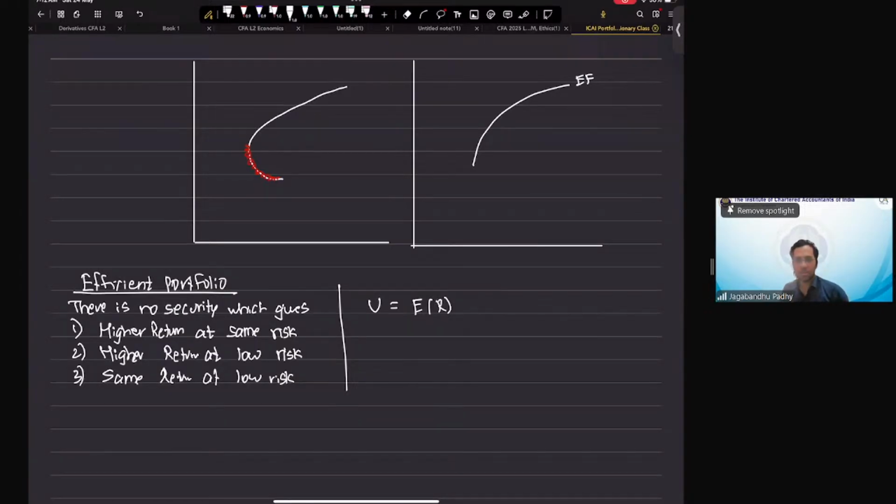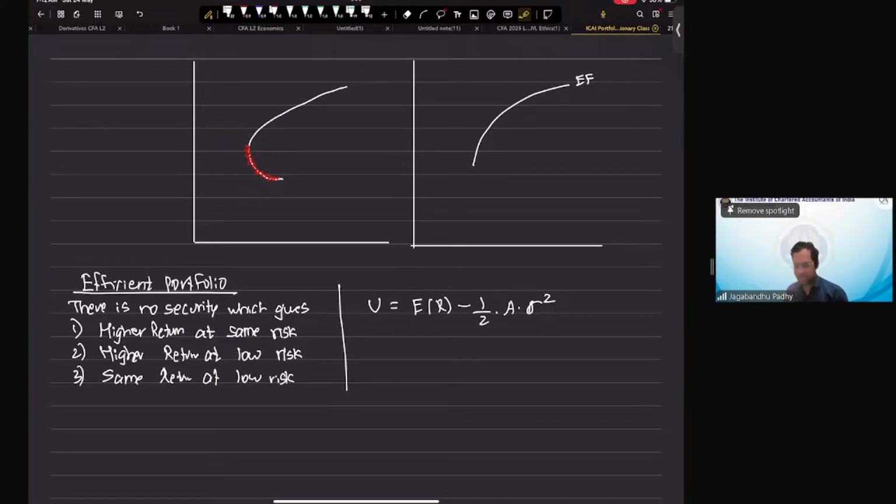But against that gross happiness, he or she has to also face the risk. So that risk was accounted for by subtracting half into aversion factor into variance. Now, this aversion factor is a subjective term. This differs from one person to another. A person may be very highly risk averse. Another person may have low risk aversion.